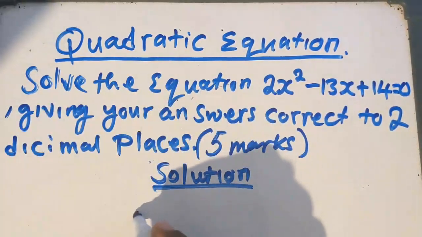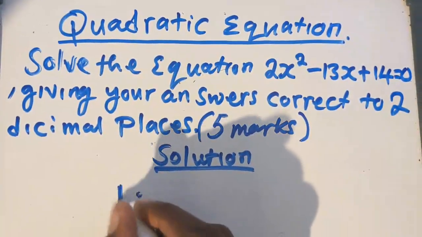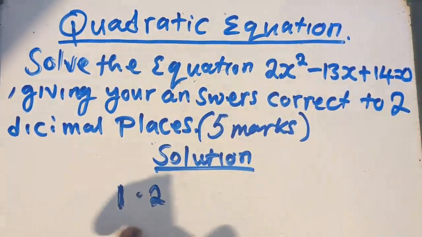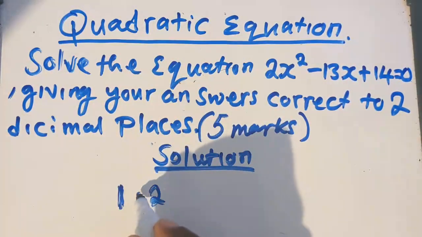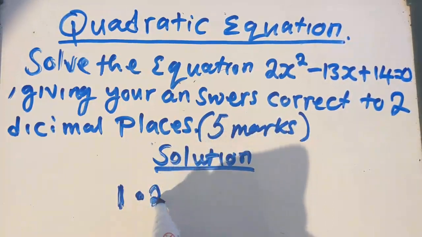Let's say we have, for example, 1.2. I've said that a decimal place is a number after a decimal point, so this number here is a decimal place.